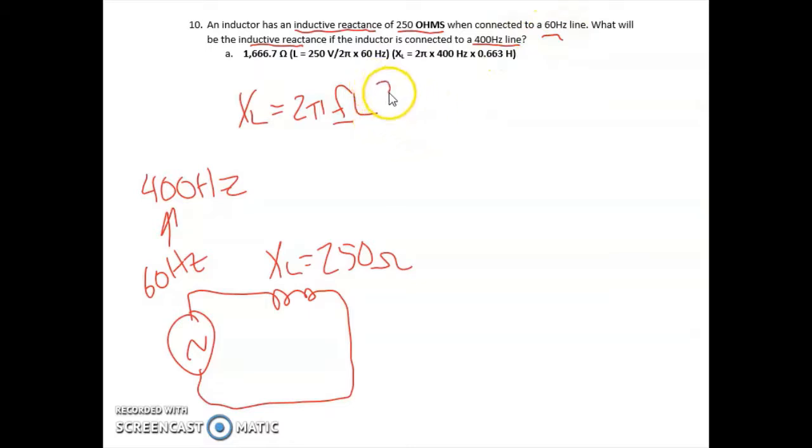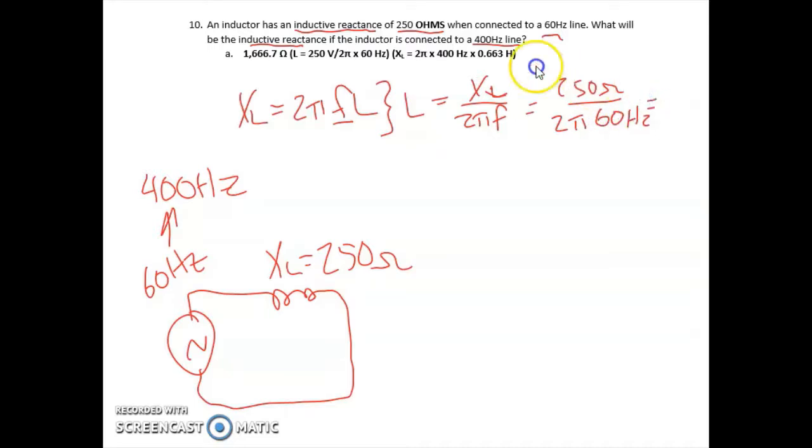So what we need to do is solve for L equals X of L over 2 pi f equals 250 ohms over 2 pi 60 hertz equals this value here, 0.663 henries.